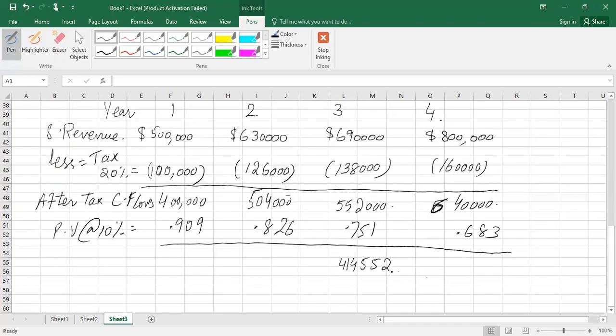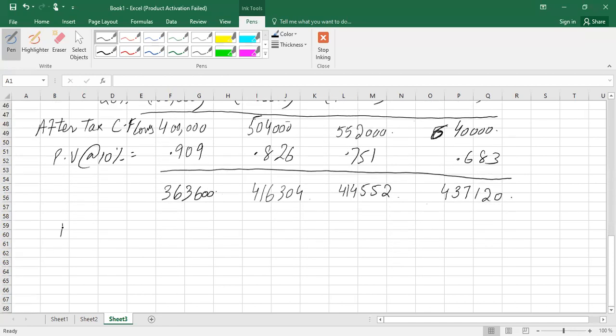Then 504,000 into 0.826, 416,304. First one is 363,600. These are the present values.